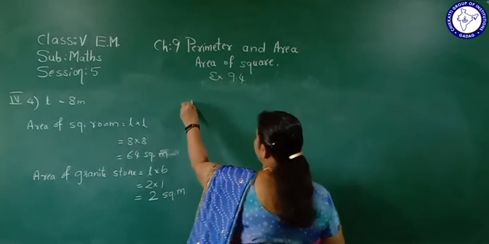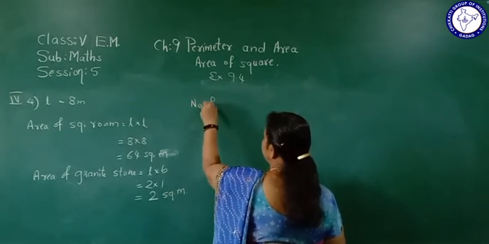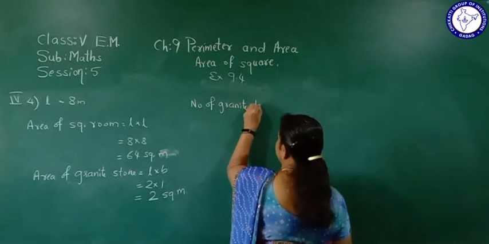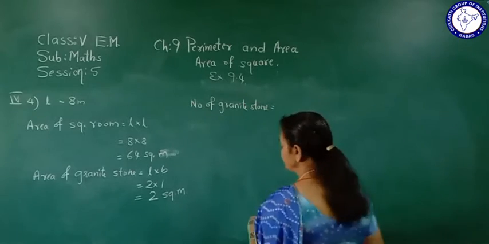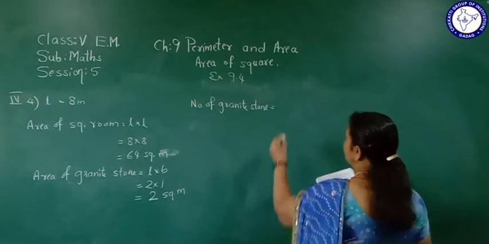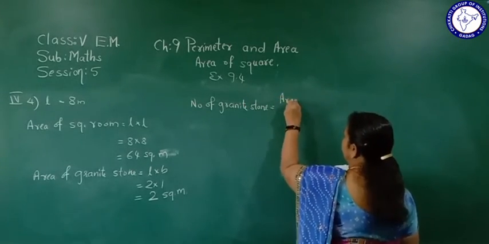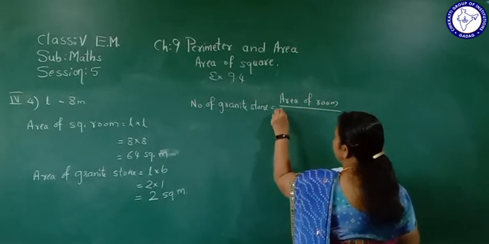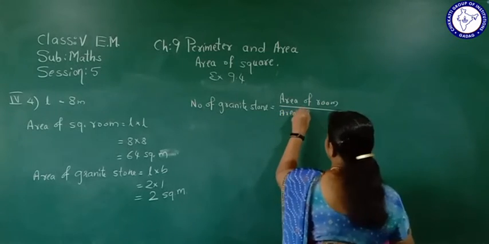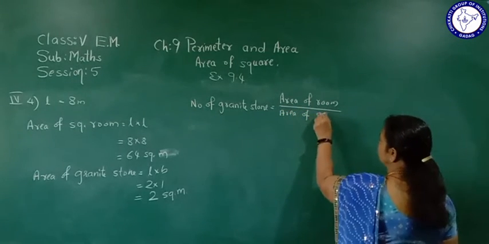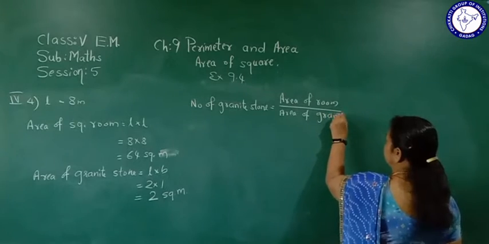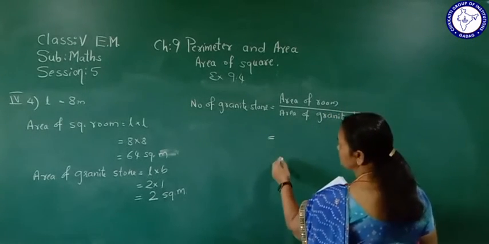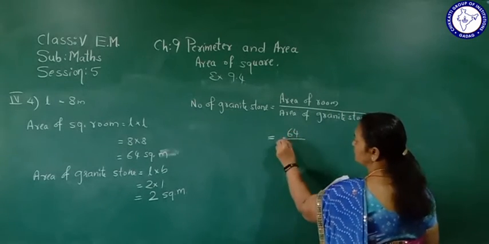So the number of granite stones we want is equal to the area of the whole room divided by the area of a granite stone, which is equal to 64 divided by 2.